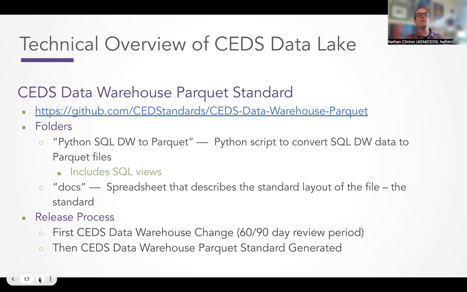Just to give you an idea of our release process, so you can get an idea what our process is for updating the standard. Because we have that one-to-one correlation between the Parquet standard and the data warehouse, all changes originate in the SQL data warehouse.